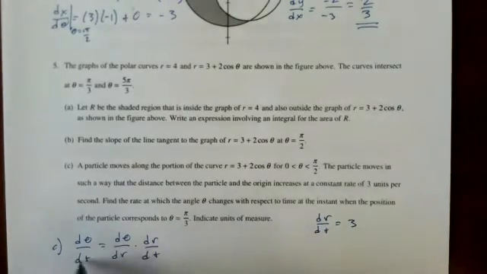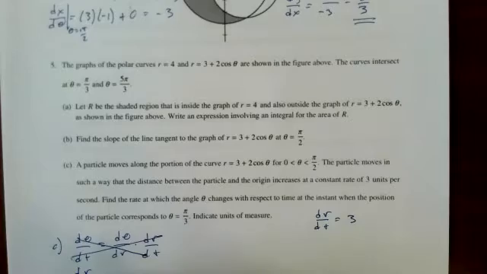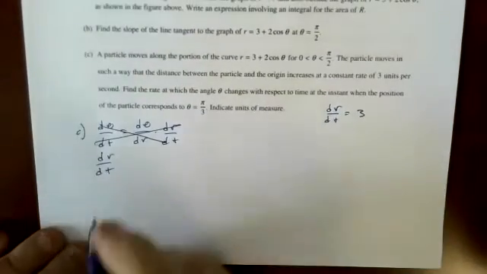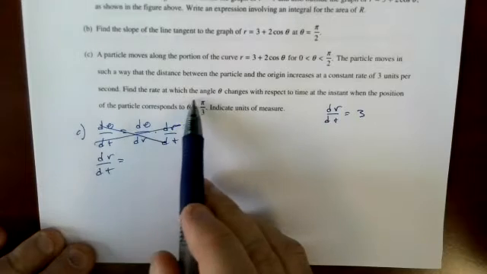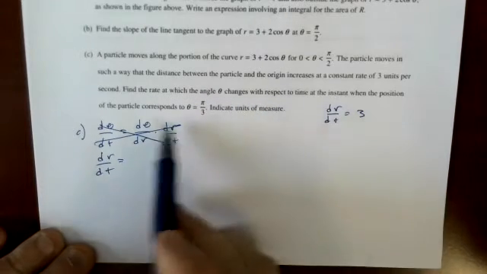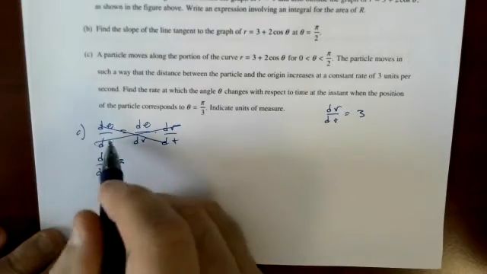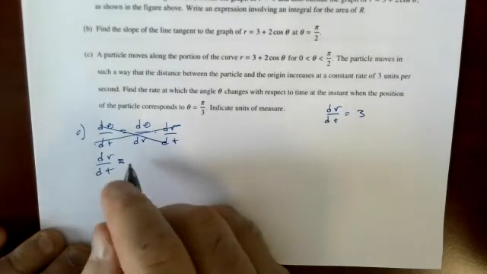Oh, because I'm a moron. This is not what I want at all. I want the rate at which the angle theta changes with time. I have dr dt. This didn't add up. I knew something was wrong there.